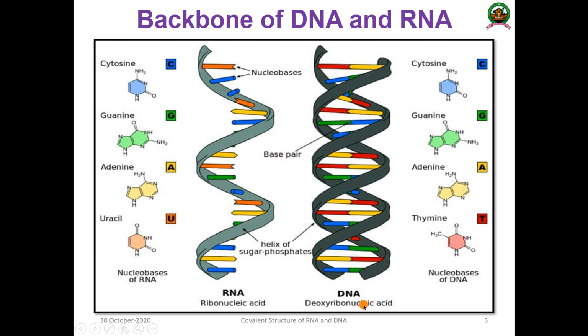But in the case of DNA, deoxyribonucleic acid, you can see it is a double helical, double stranded molecule. Here you can see one strand oriented in one direction, and the next strand oriented in the other direction, and the turning is known as the helix of the sugar phosphate backbone.